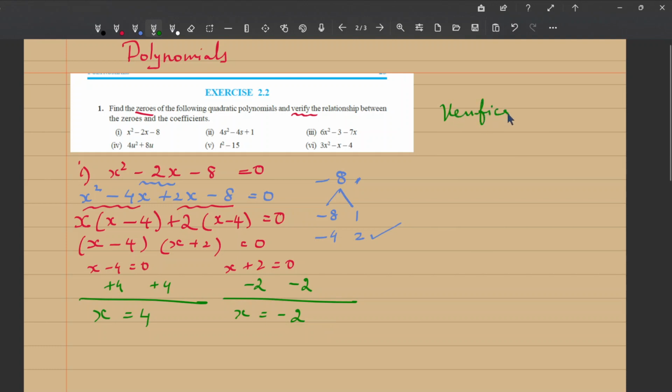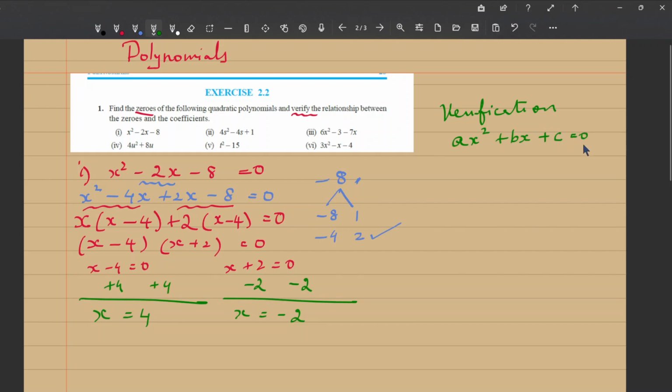Now for the verification part. What should you verify? The relationship between these two roots and the coefficients. A general form of a quadratic is represented like this: ax squared plus bx plus c is equal to 0, where a is not equal to 0.